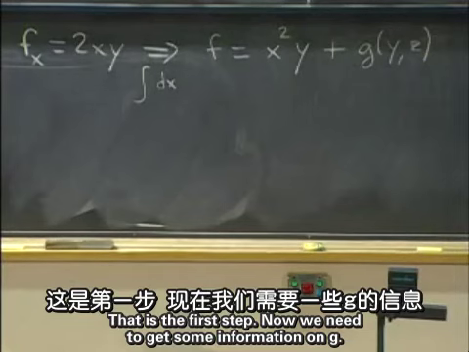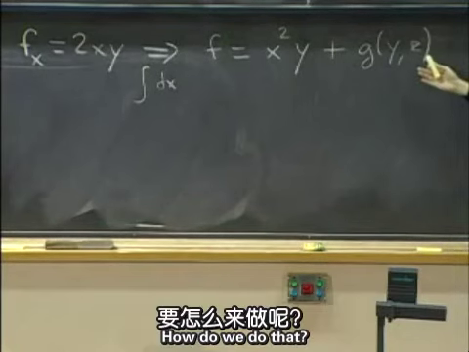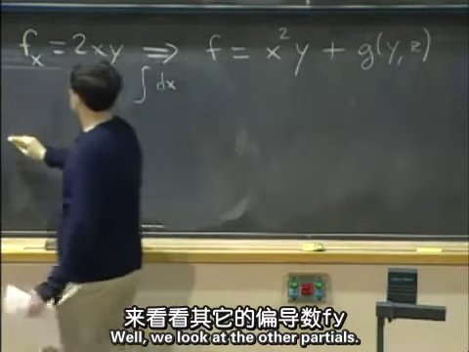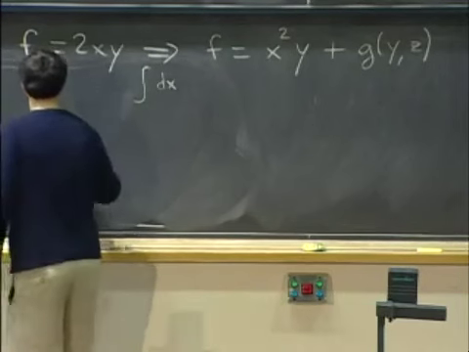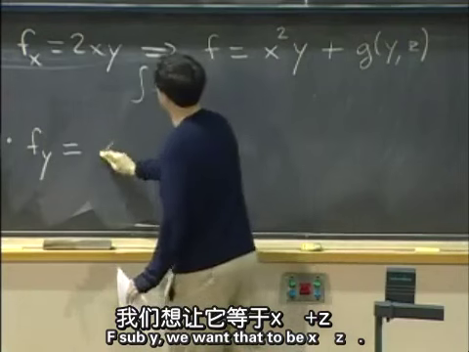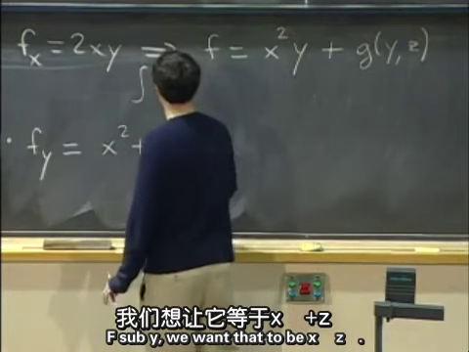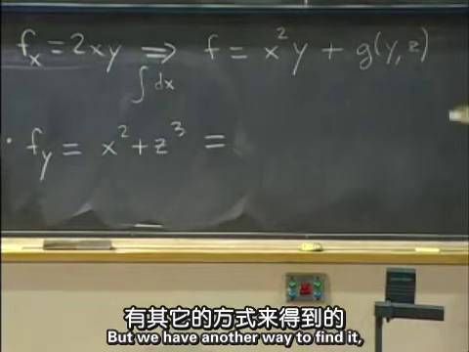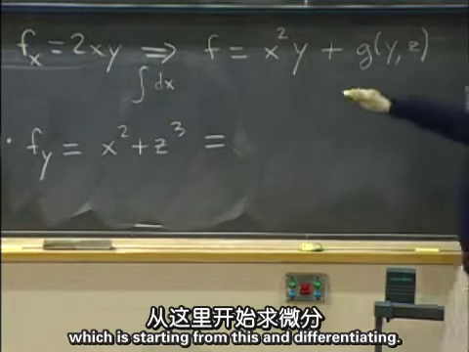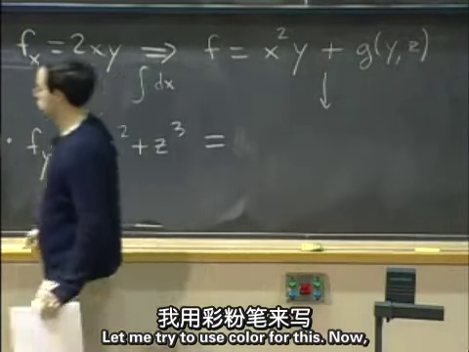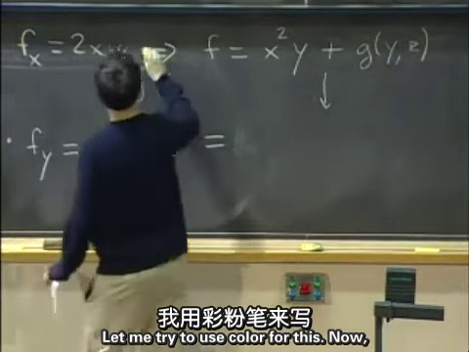Now we need to get some information on g. How do we do that? Well, we look at the other partials. So f sub y, we want that to be x squared plus z cubed. But actually we have another way to find it, which is starting from this and differentiating. So let me try to use color for this.